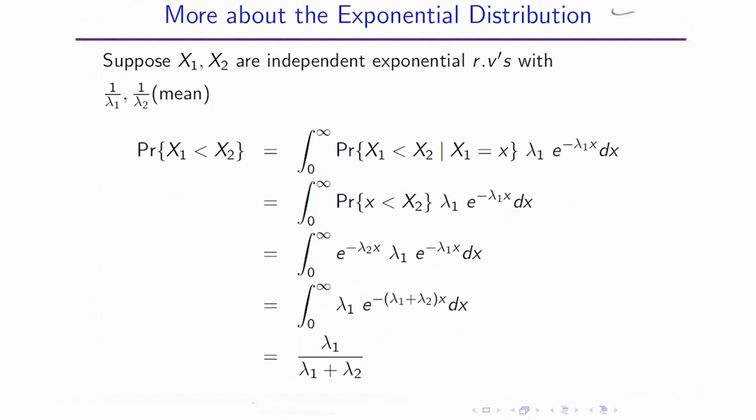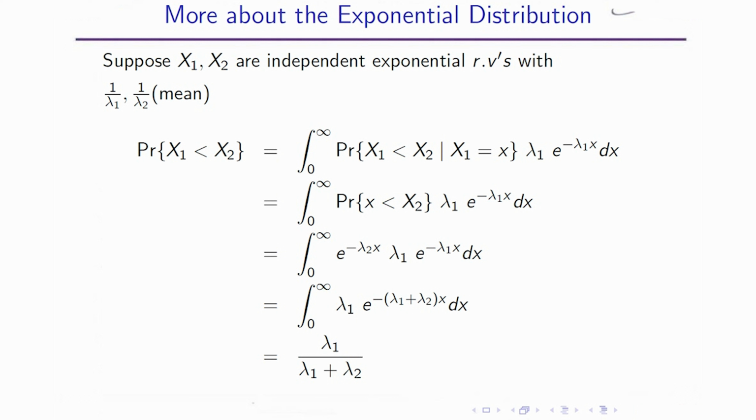More about the exponential distribution. Suppose X1, X2 are independent exponential random variables with means 1 over lambda 1 and 1 over lambda 2, so their parameters are respectively lambda 1 and lambda 2.